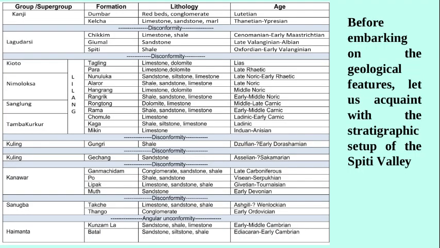Next. Just to acquaint you with some names, I don't expect you to remember all of them. In Haimanta you have Parahio and Kunzamla. There's a major break between. Kunzamla is Middle Cambrian, and over that you have the Lower Ordovician Thango passing into the late Ordovician going up to Muth, that is Lower Silurian.